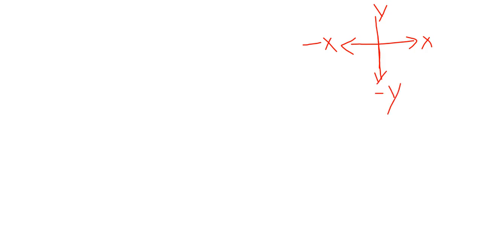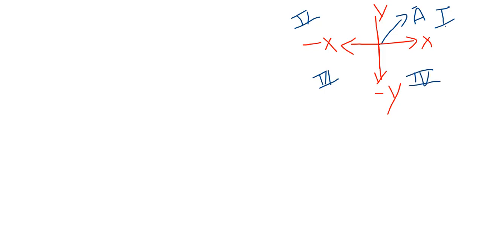Suppose that a bar is a vector that is in first quadrant. We call this the first quadrant. This is second quadrant. This is third quadrant. This is fourth quadrant.